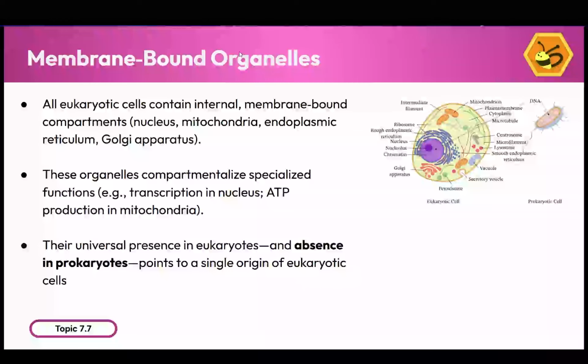The key point to take away is that all eukaryotes have these organelles and prokaryotes don't, which suggests that these features were inherited from a shared common ancestor.